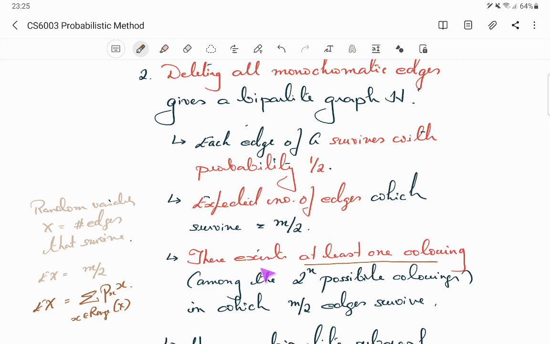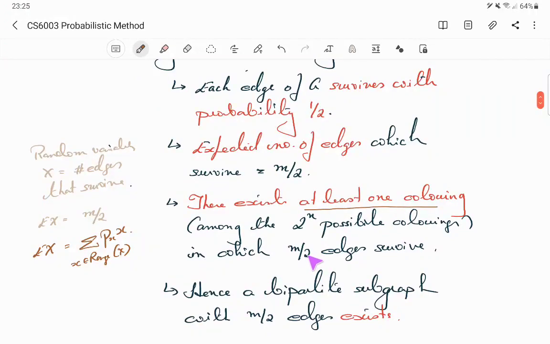So that's what we are using. There exists at least one coloring. Since the expectation is m over 2, there is at least one coloring among the 2 raised to n possible colorings in which at least m by 2 edges survive. And that's what we need.